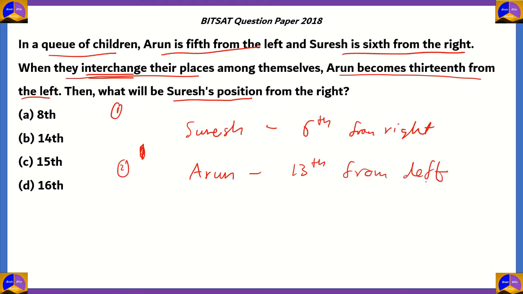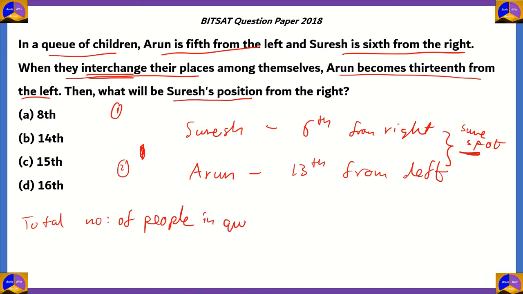So now for the same spot, we have the position given from both directions. So in this question, first we need to find out the total number of people that are present in this queue.